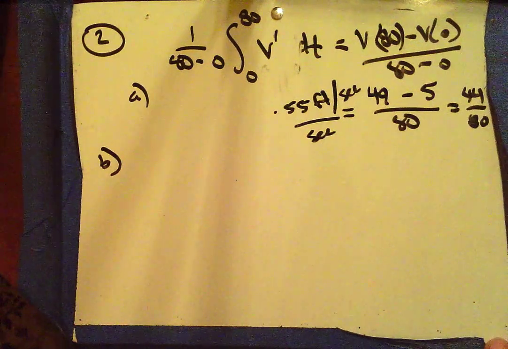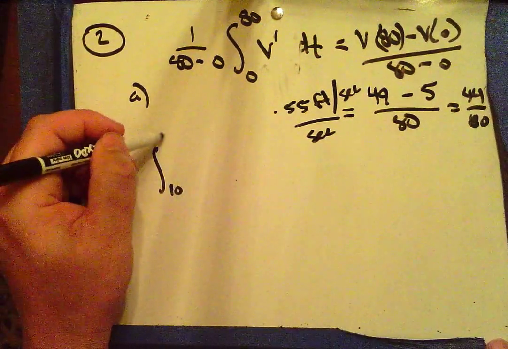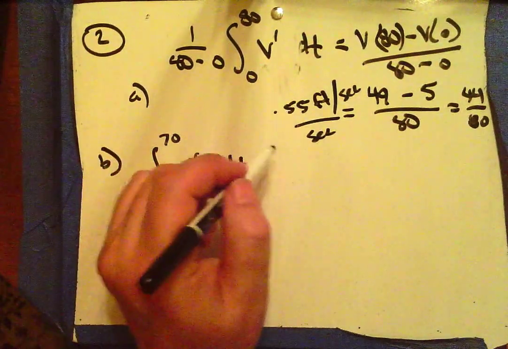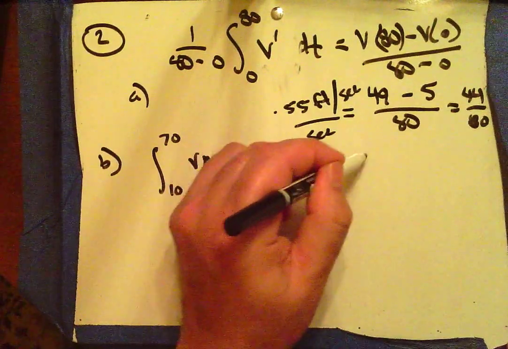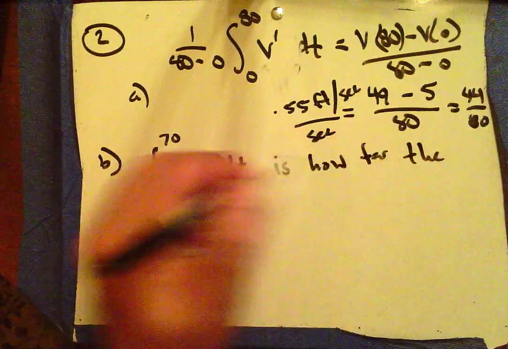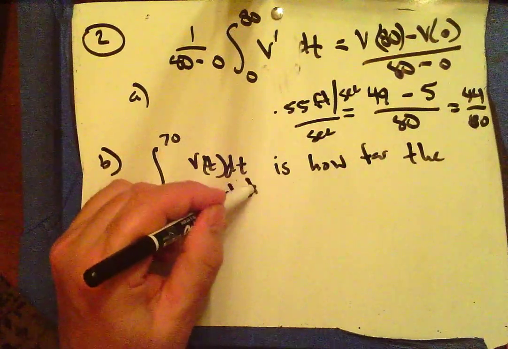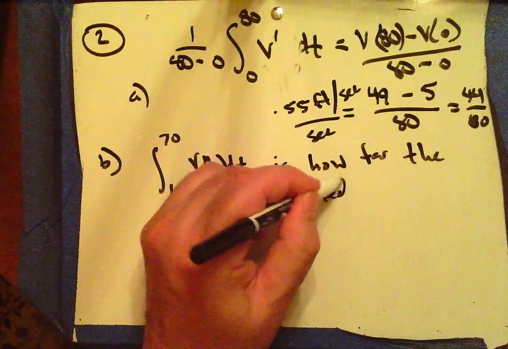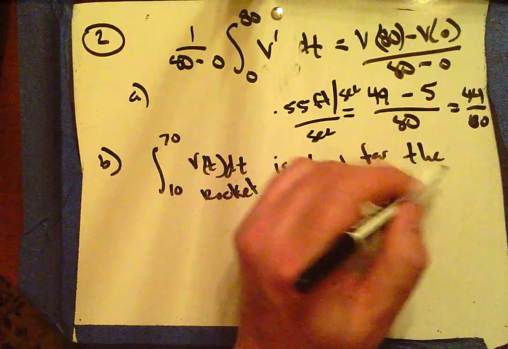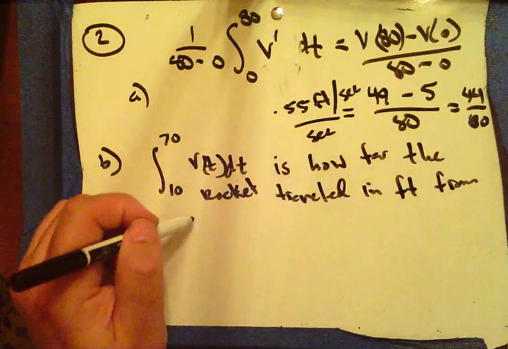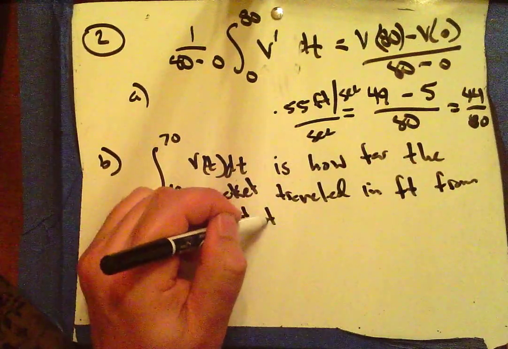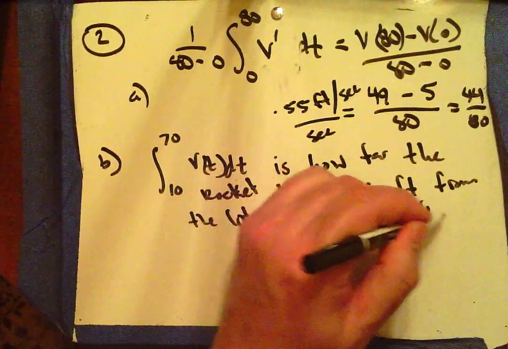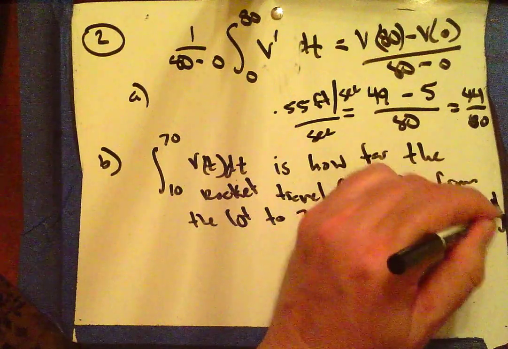Using correct units, explain the meaning of the integral from 10 to 70 of v of t dt in terms of the rocket's flight. It is how far the rocket traveled in feet from the 10th to 70th second of its flight.